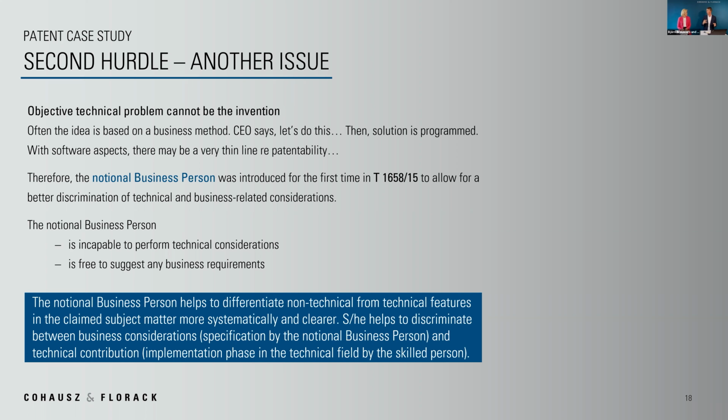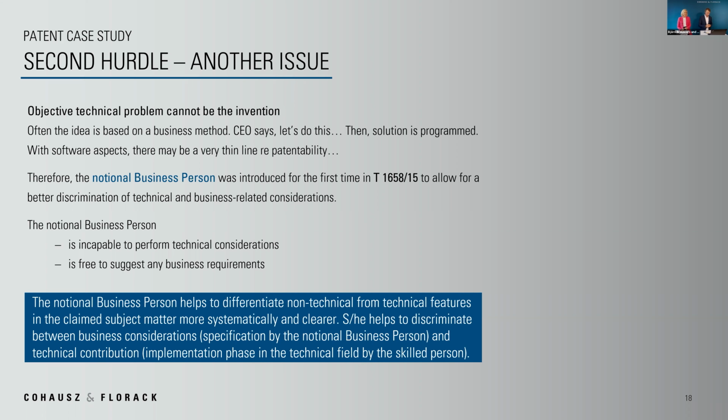This is an interesting concept, and it helps with solutions which are quite close to business methods and have only a few features which have a technical effect, to be a little closer to the real world, and see how much consideration of the skilled person needs to be involved to consider this obvious or not.